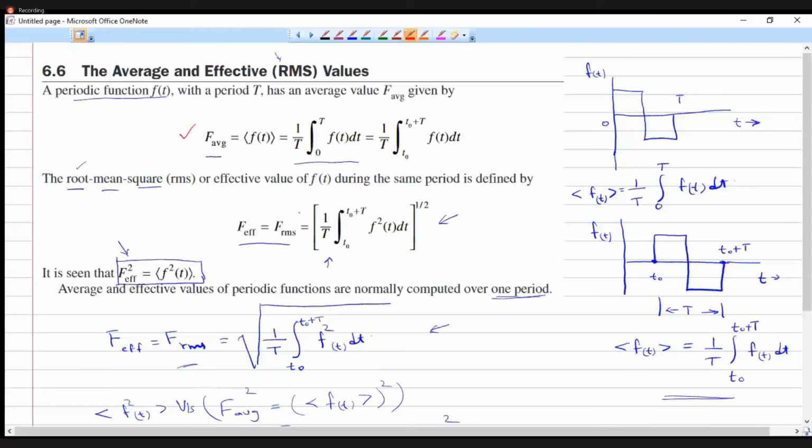Similarly, we can find the root mean square value, which is nothing but the root of the mean of the squares of the function. It can be evaluated using this expression. Then we have shown that the average of the square of the function is equal to the square of the effective value.